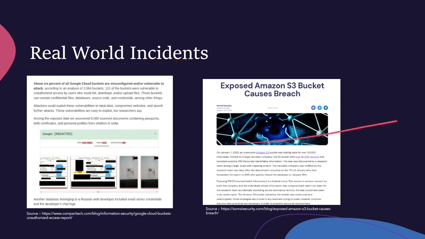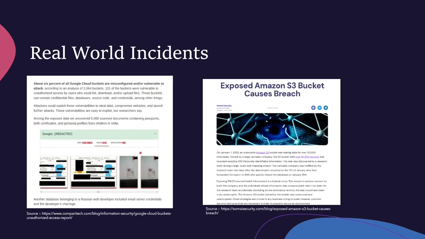There have been cases where sensitive information gets leaked, right? There was a case where a GCP storage bucket leaked some really sensitive information of 6,000 people from India, like birth certificates and personal information of children. So a lot could actually go wrong. There was also a case where driving licenses were leaked.